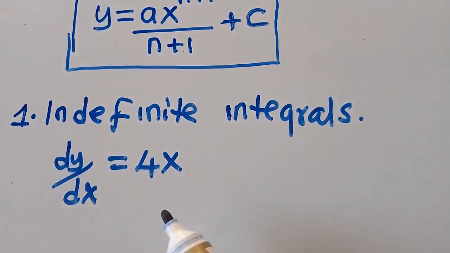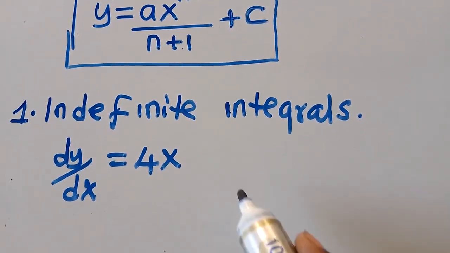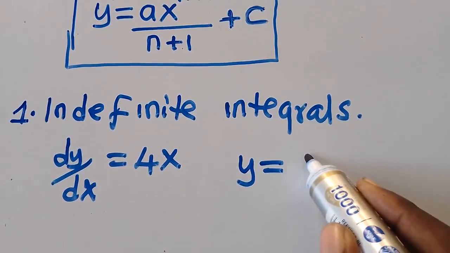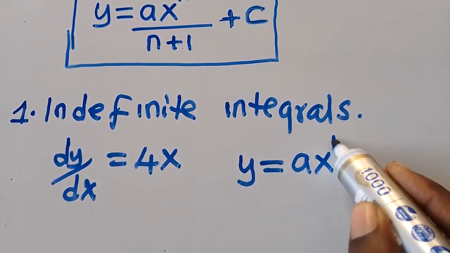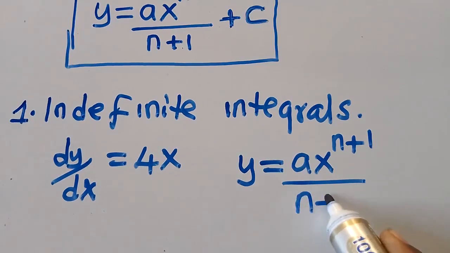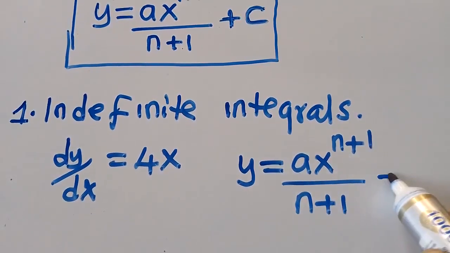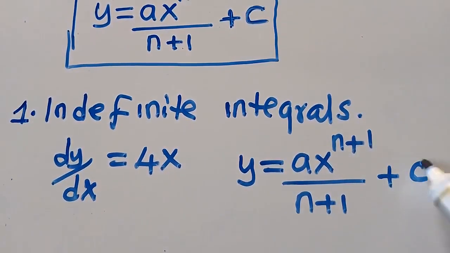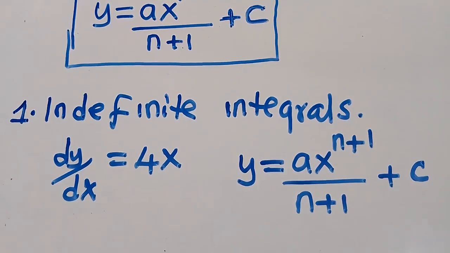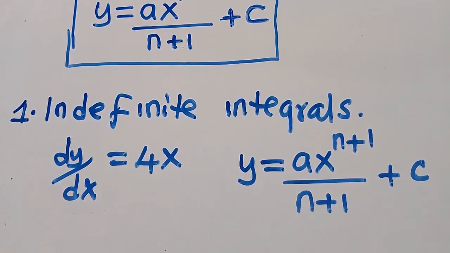What you are going to do is say y is equal to, you know the formula, ax^(n+1) over n+1, the new power, then plus c. This is the formula that we get to use.